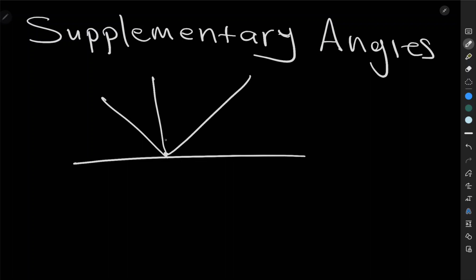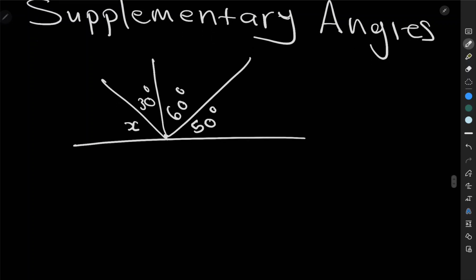Here you're told maybe that this angle is 60 degrees, this one is 50 degrees, this one is 30, and they want you to calculate the value of this one, and they'll label it X.